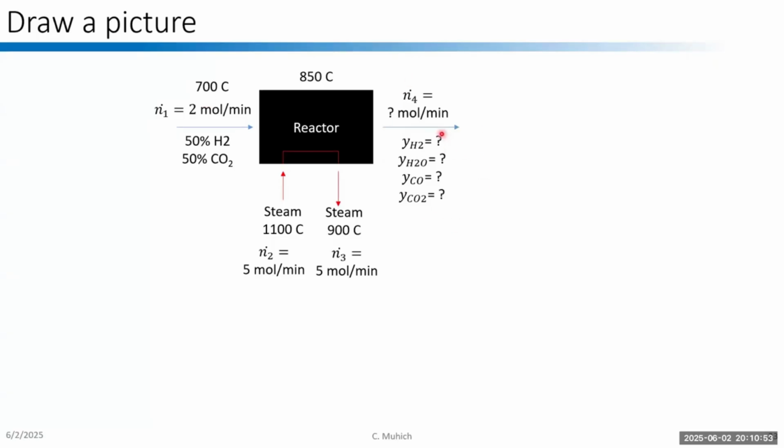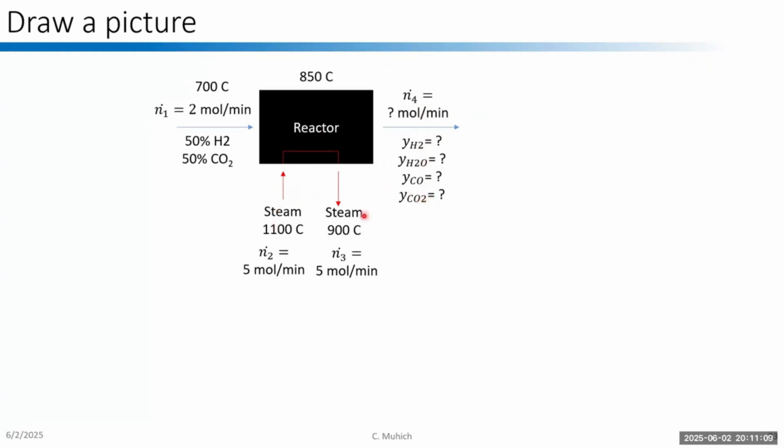They're going to leave the reactor at 850 degrees C. That reactor is at 850 degrees C. I don't know how much is leaving, and I don't know the mole fractions of these species.